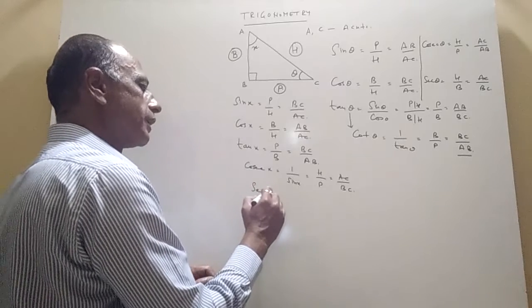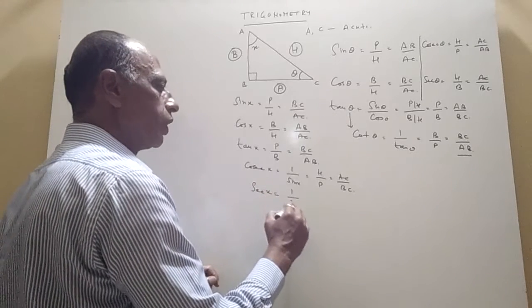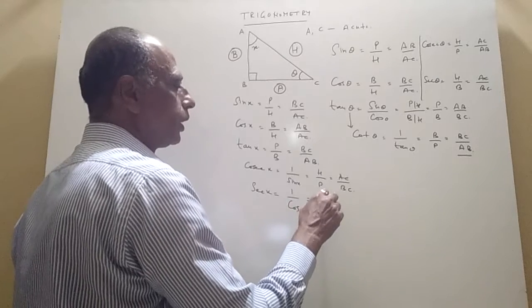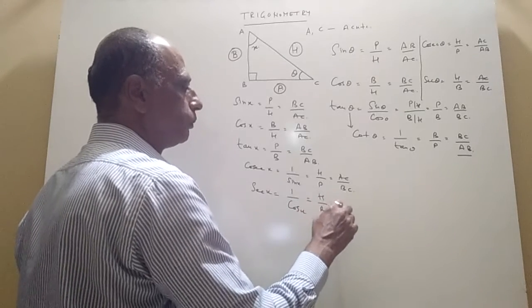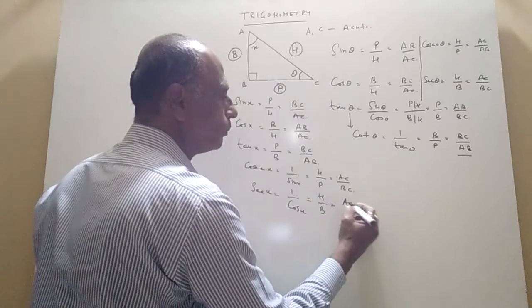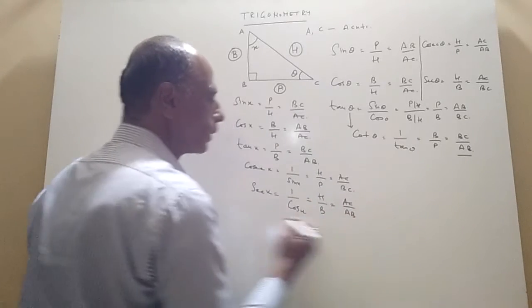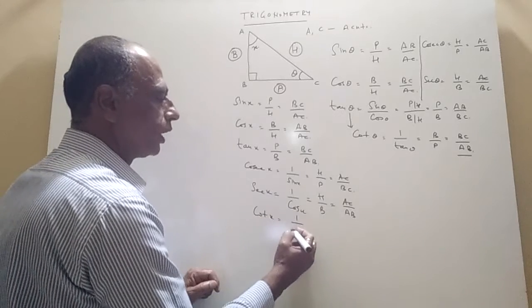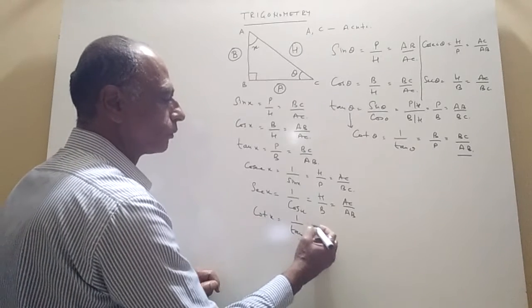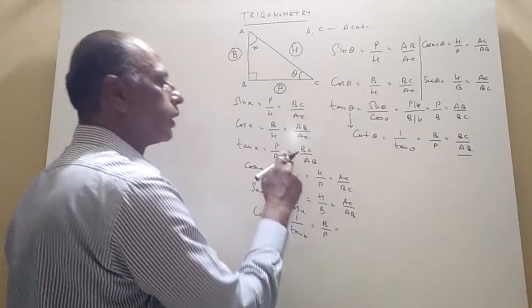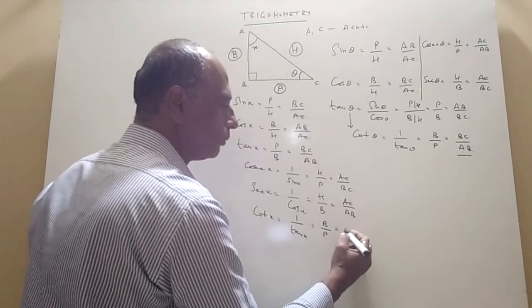Similarly, secant of X, which was 1 over cos X, which will now become H upon B, and H upon B will become AC upon AB. Similarly, cot of X, which is 1 upon tan X, will now become B upon P and AB upon BC.